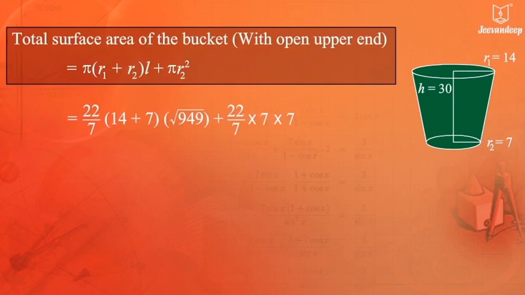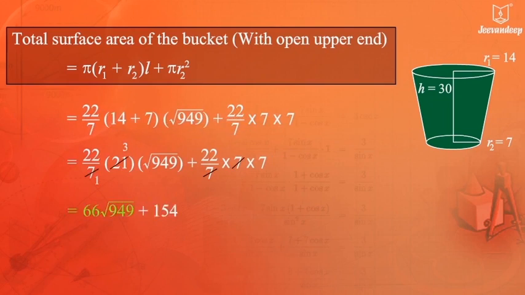Putting the values in the formula, we get 22 upon 7 into (14 plus 7) into root of 949 plus 22 upon 7 into 7 into 7, equal to 66 root of 949 plus 154, equal to 154 plus 66 root of 949 centimeters square.